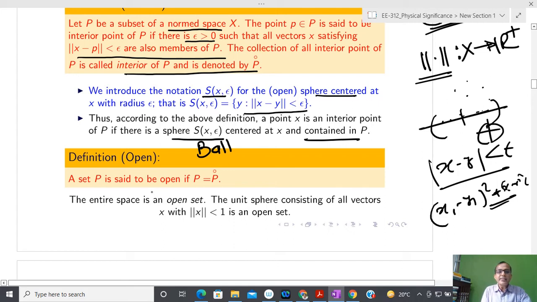Okay, so a set P is said to be open if P is equal to the interior of P, where the interior means the collection of all such points.